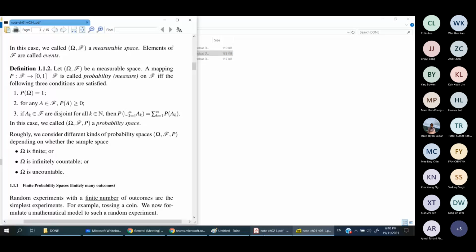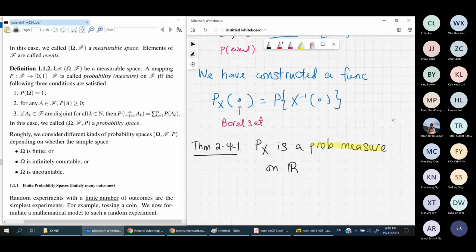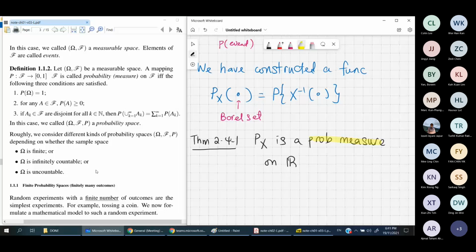We want to ensure this P_X fulfills these three conditions. Of course, here we are taking F to be B_R instead of F. Let's look at the proof. We want to verify these three. The given P is a probability measure, so it always fulfills these three conditions.